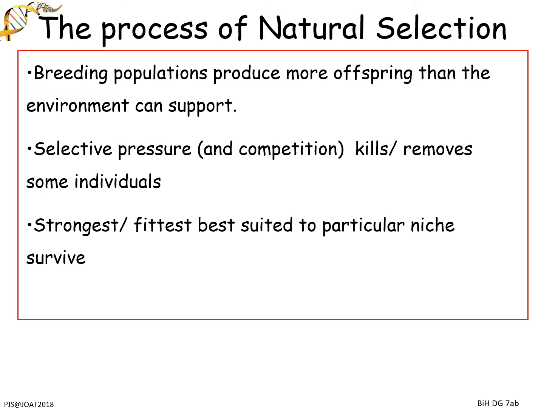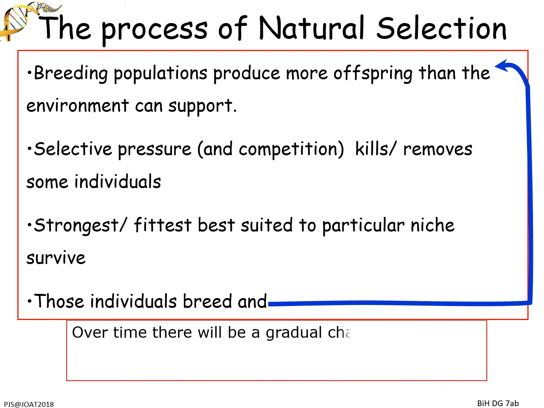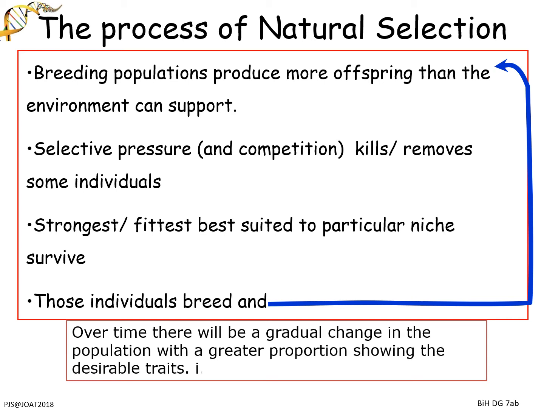We then have the pressure, the best suited survive, they breed, pass on their alleles. Now what's happening there is a gradual change, and that's what's really important. We've got a gradual change in the population because you get more and more of them with the alleles that were useful to make them survive. Okay, so the allele frequency has changed, and that is evolution.